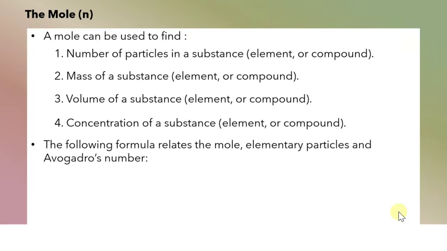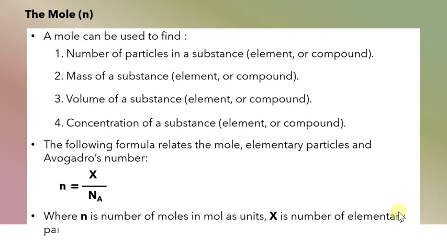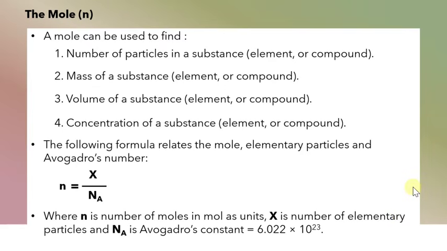So we have this formula, which means number of moles is equal to X over N_A. Where n stands for number of moles in mol as units, X is the number of elementary particles, and N_A is Avogadro's constant, which is 6.022 times 10 to the power 23.